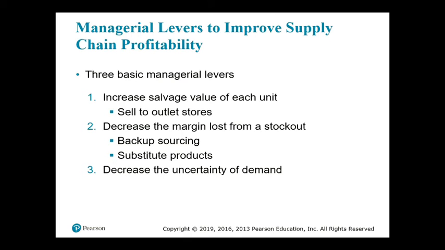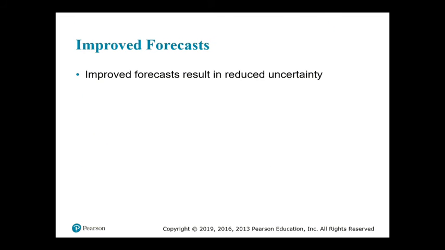Then we have the third level of decreasing the uncertainty of demand, which is equivalent to improving forecast. So what is the benefit of improving forecast?